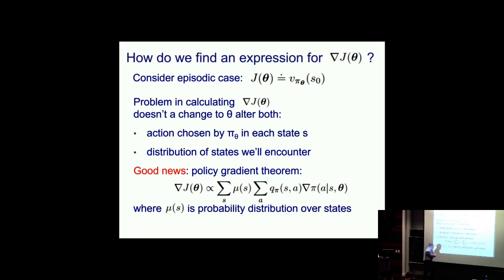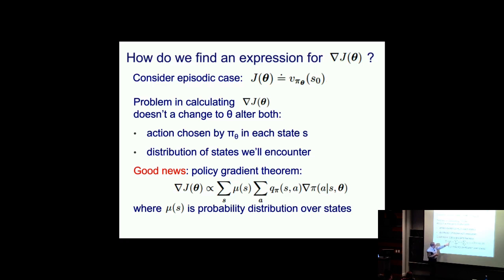Okay, so it kind of makes sense. If you think, for example, the gradient, which again is just the vector version of a derivative, is positive for a particular theta, that means theta sub I, that means if we increase the value of that theta sub I, we're going to increase J of theta, which is a good thing. It's going to get us a higher value for the initial state.